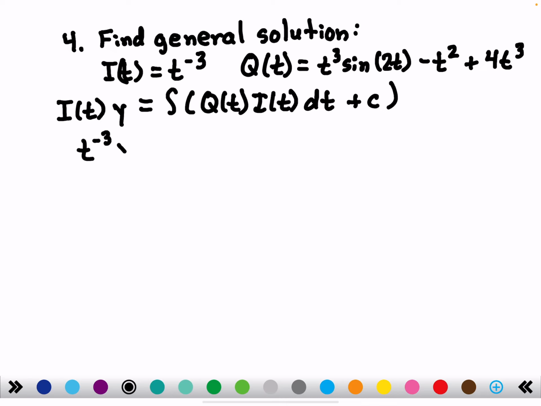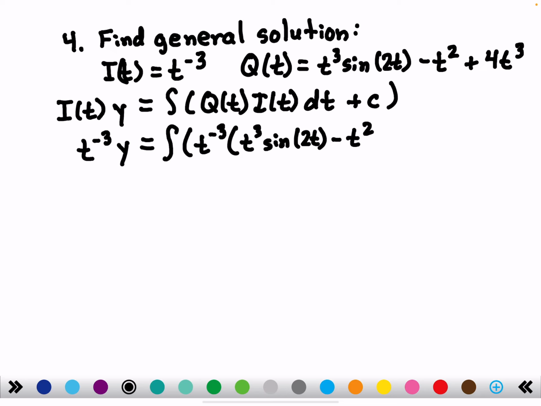So I sub t is t to the negative third, and that will equal the integral of t to the negative third times the quantity t cubed sine of 2t minus t squared plus 4t cubed, plus c.